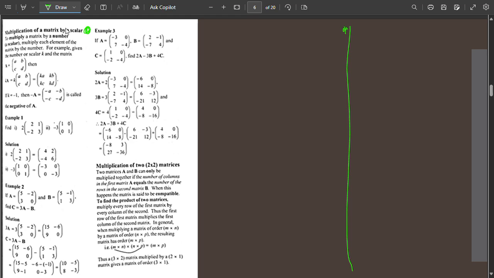So multiplication of a matrix by a scalar. Right. To multiply a matrix by a number, a scalar, multiply each element of the matrix by the number. That's simple. So let's see. If A is given by this, then let's use lambda.